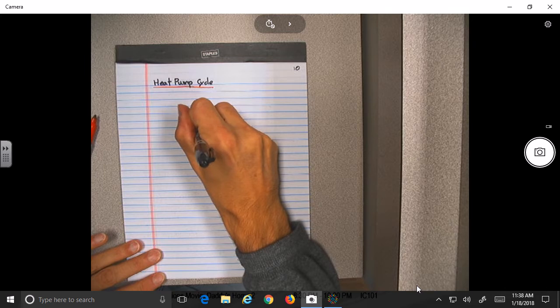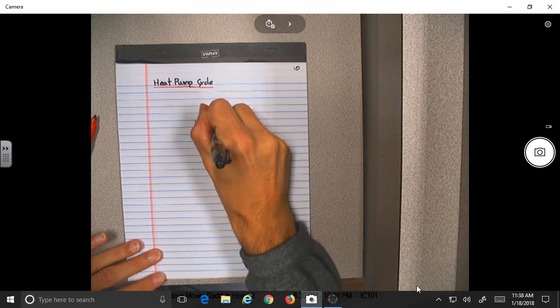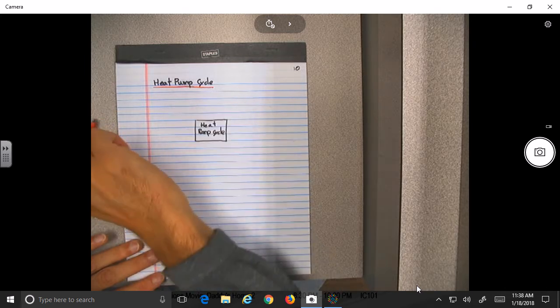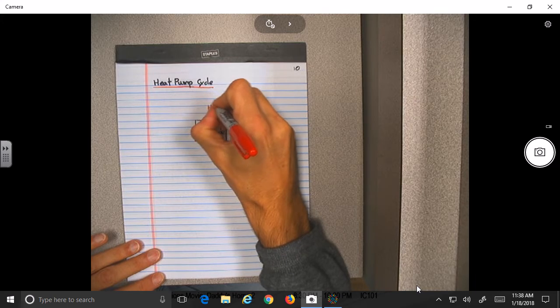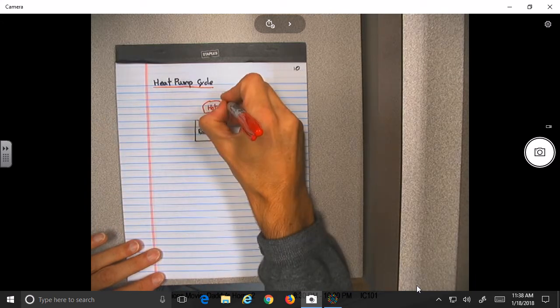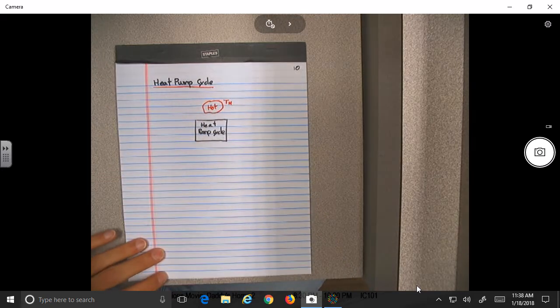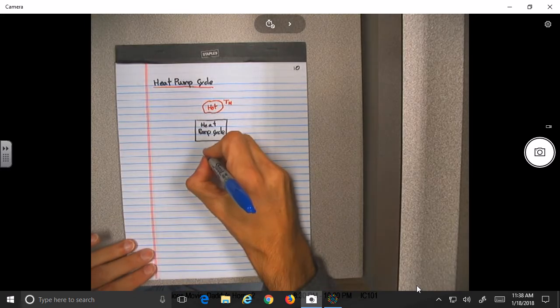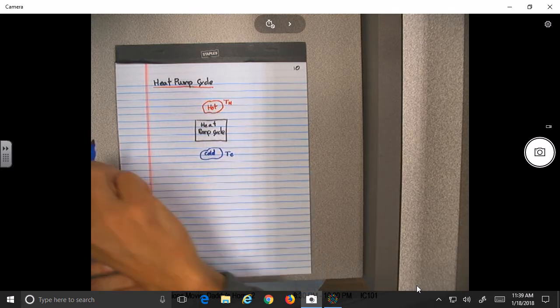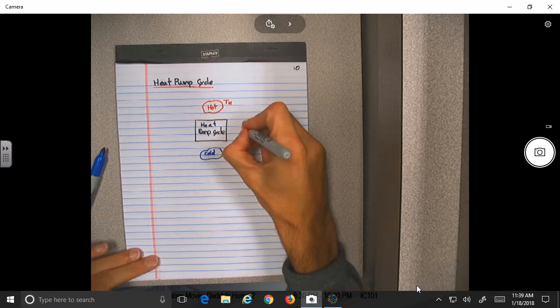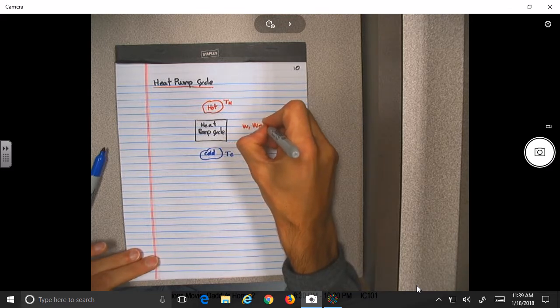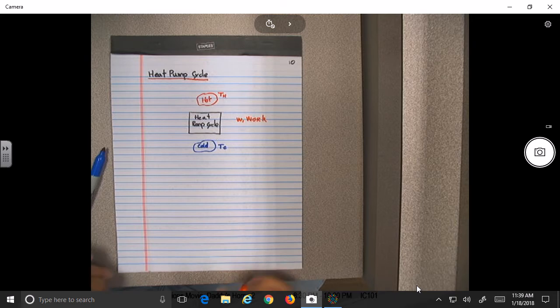So this will be your heat pump cycle, which needs to operate between a hot temperature reservoir and a cold temperature reservoir. And this is work.